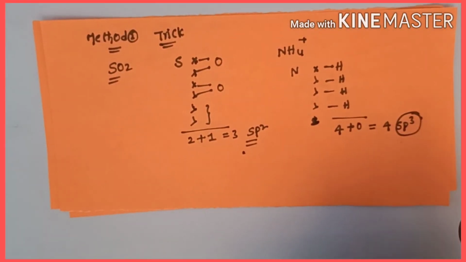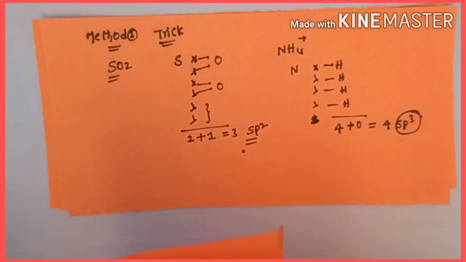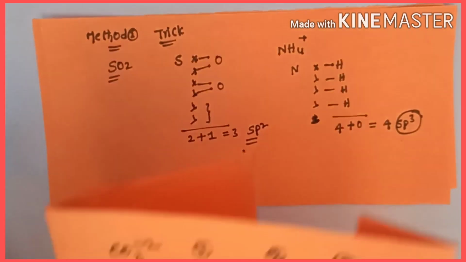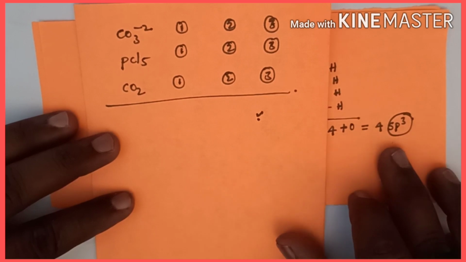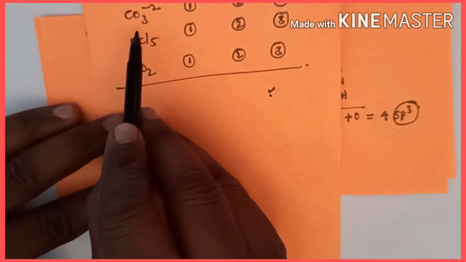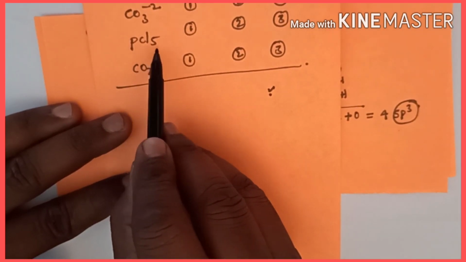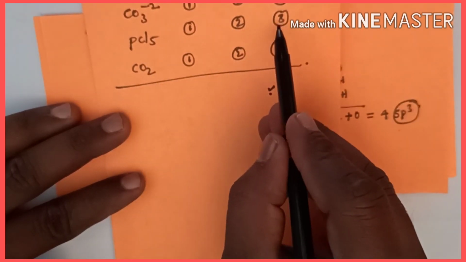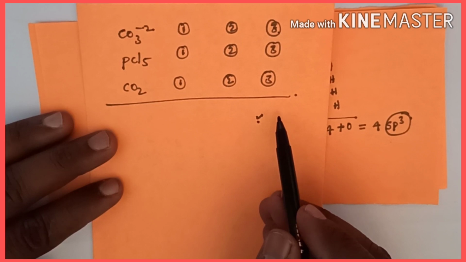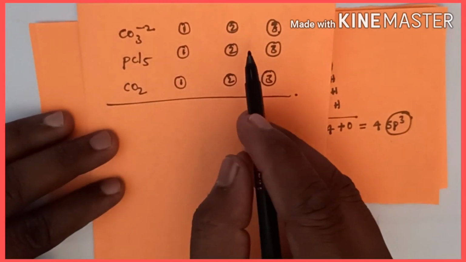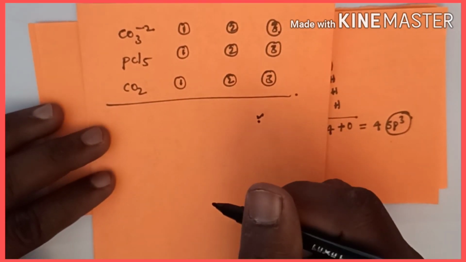After that, to get a complete grip on solving hybridization, use these examples and solve once: carbonate, first method, second method, third method; PCl5, first method, second method, third method. Hope it is useful. Practice this once to get a complete grip on hybridization.